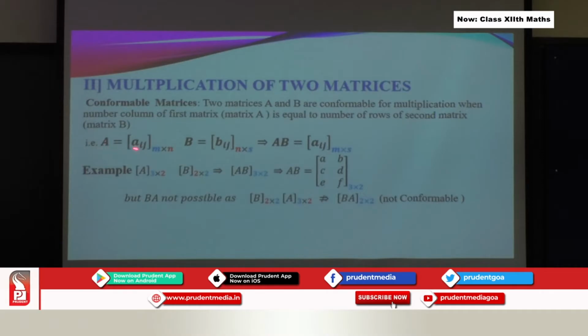Matrix A has the order m cross n. The number of columns of the first matrix, that is n, is equal to the number of rows of the second matrix, that is n. Since both are the same, the matrix multiplication is possible.